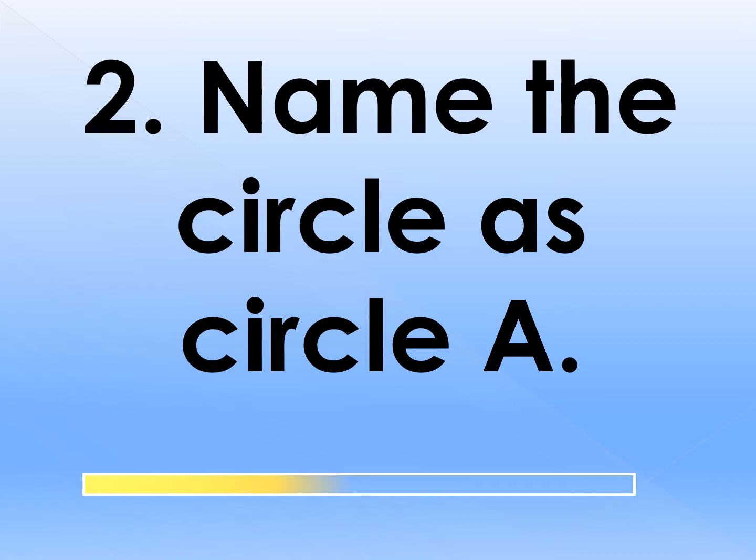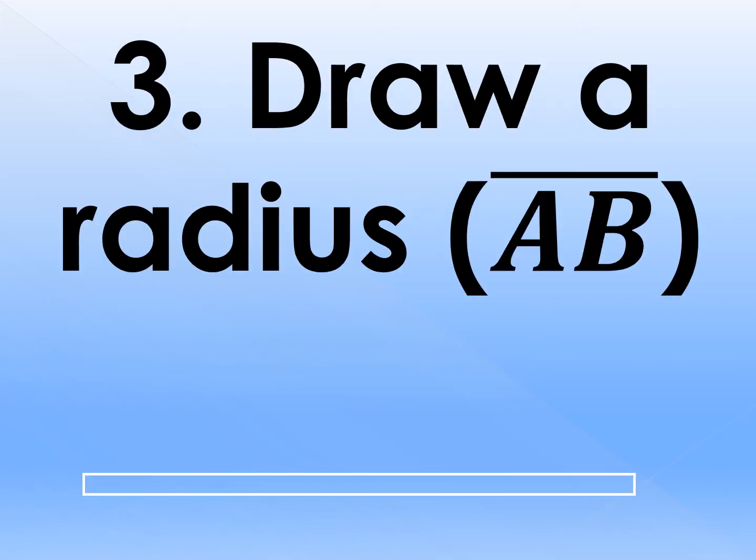Let's now have the third instruction. Draw a radius with segment AB. Again, draw a radius with segment AB. Okay, I know you're all done. Let's now have the fourth one.